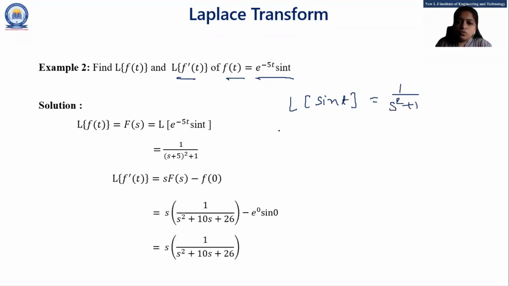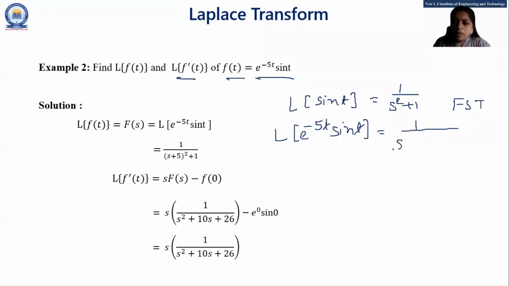But we want the Laplace of e raised to minus 5t sin t, right? That's why you apply the first shifting theorem, and you have to write s as s plus 5. So your answer is 1 upon (s plus 5) whole square plus 1. And this is your answer.